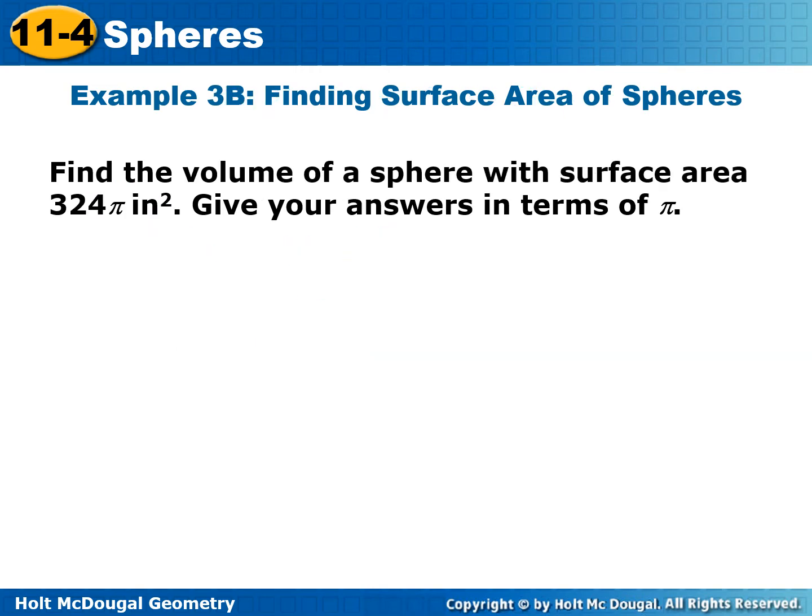In this example, they want us to find the volume of the sphere, and they give us the surface area. So in order to do that, we're going to have to find r first, then use that in the volume formula of 4/3 pi r cubed.